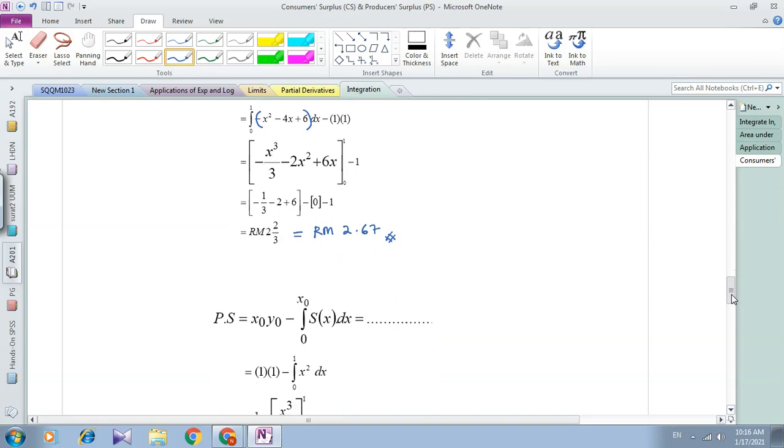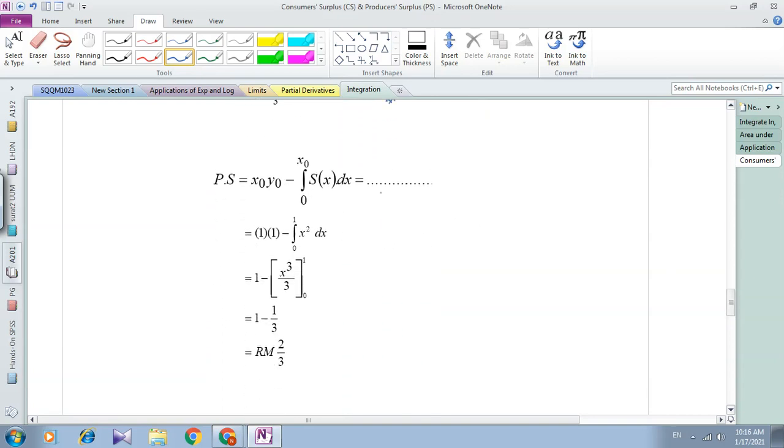Then you can proceed to producer surplus. Simply follow the formula. This is also 1. So 1 times 1, which is the x naught and y naught, the equilibrium point, and then minus the supply function, because we are calculating the producer surplus. Integrate as usual.